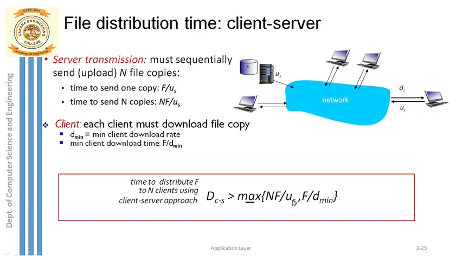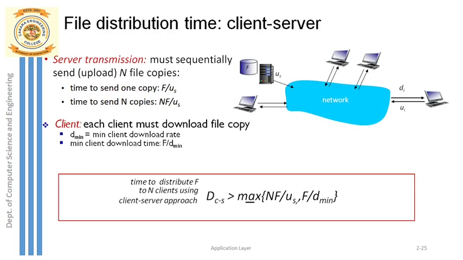When you compare, whichever time is maximum, that duration you fix as the distribution time. So your distribution time will be either equal to that or greater than that. It can never be less than that. So your distribution time should always be greater than, or equal to, the maximum of the uploading rate or downloading rate. Remember, that is how you calculate the distribution time in client-server architecture.